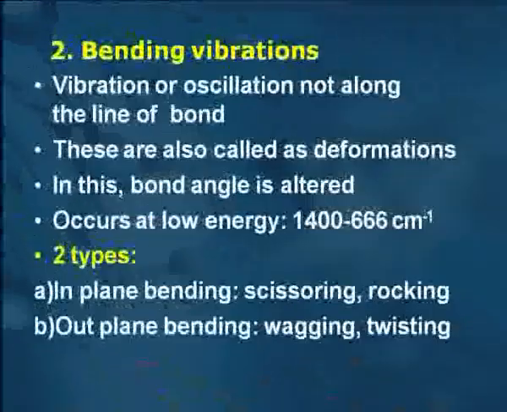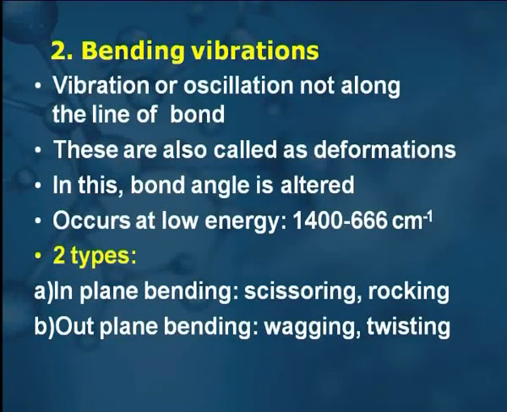Then what is the bending vibration? Where the vibration or oscillation is not along the line of the bond. They are also called deformation. The bond angle is altered, and this type of bending vibration occurs at low energy, that is 1400 to 666 centimeter inverse.